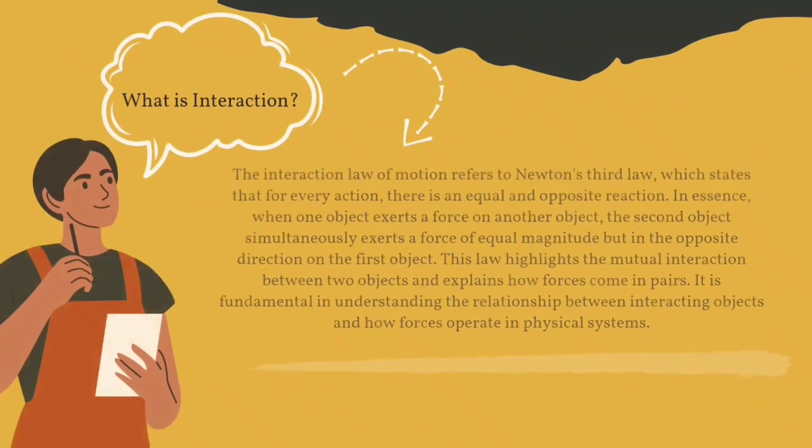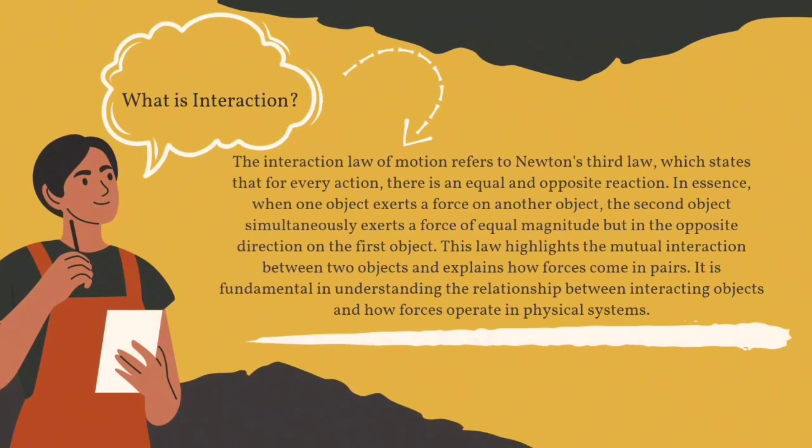And thirdly, what is interaction? The interaction law of motion refers to Newton's third law, which states that for every action, there is an equal and opposite reaction. In essence, when one object exerts a force on another object, the second object exerts a force of equal magnitude but in the opposite direction on the first object.